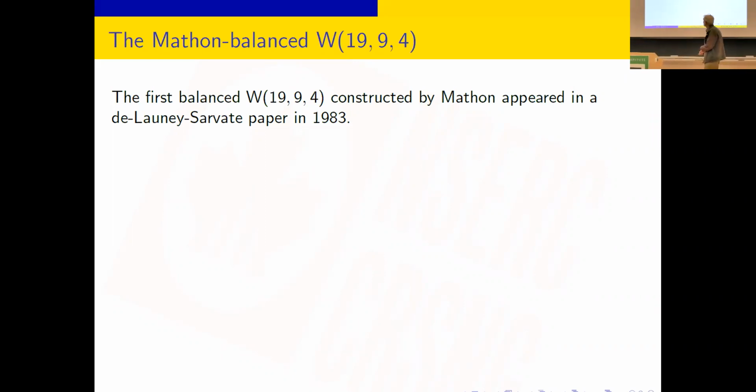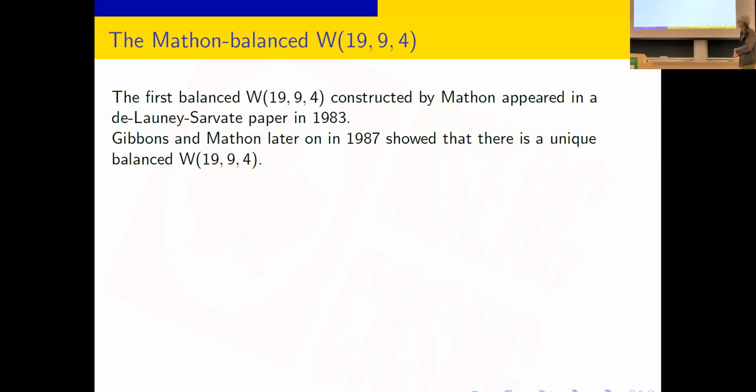But then later on, Mathon and Gibbons did a computer search and found a number of balanced weighing matrices and showed that this is actually unique. There's only one of these. And ever since, this was called a sporadic balanced weighing matrix.